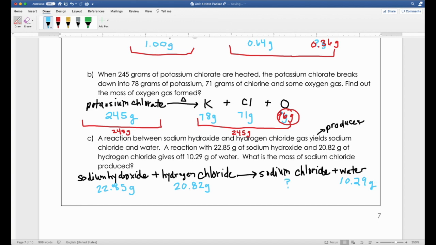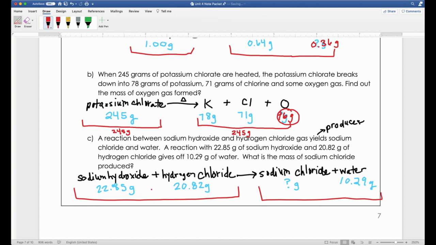So we want to know what's the mass of sodium chloride that's formed. Here, I don't have just one reactant or product, so you do have to add the total for each of these. So let's go ahead and do that. I have my reactant side, and we have our product side.